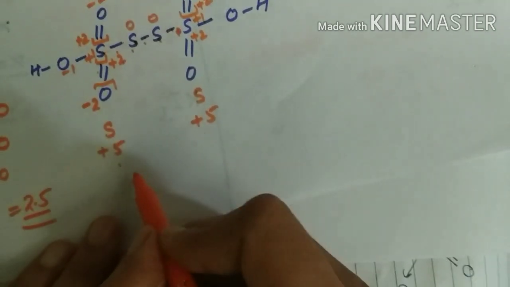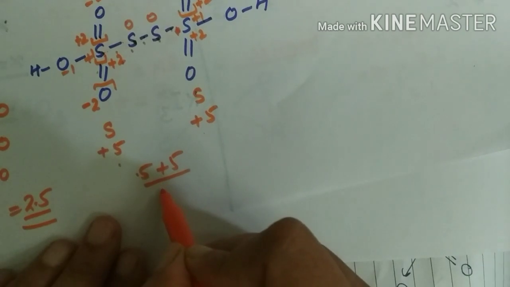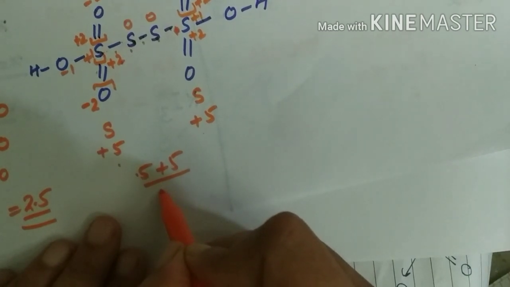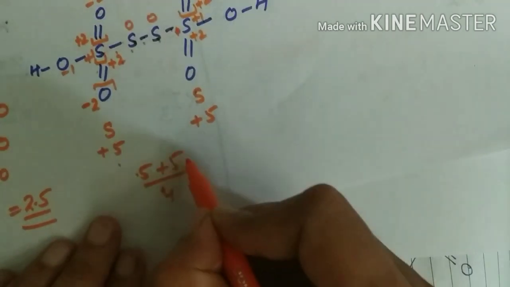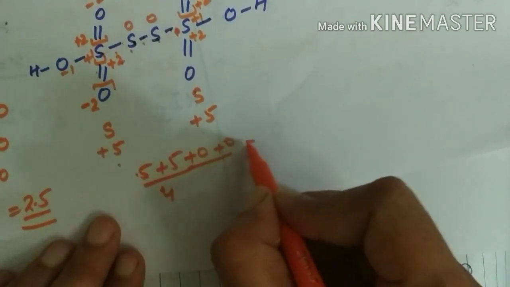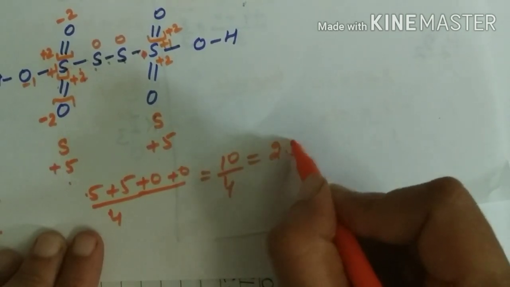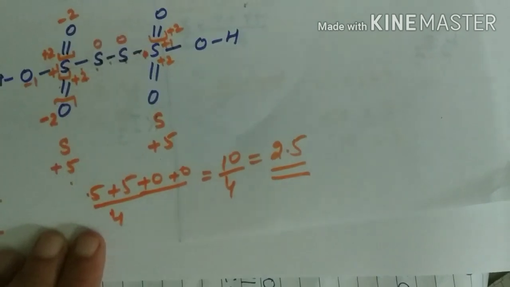So find the average. So 5 plus 5 divided by 4. Total 4 atoms are there, +0 +0. So it will be 10 by 4, that is 2.5 oxidation state.